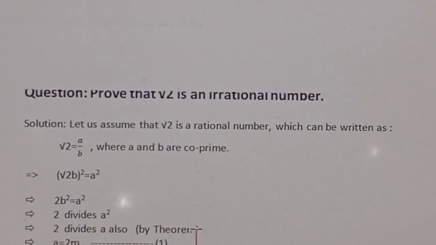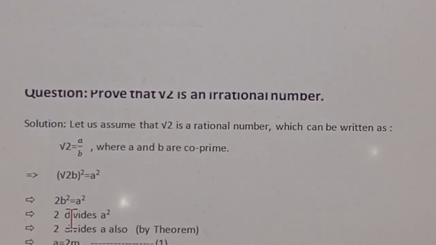By theorem, recall the theorem: if there is a positive integer a and there is a prime number p, then if a square is divisible by p, then a is also divisible by p. So here a is a positive integer and a square is divisible by a prime number which is 2.